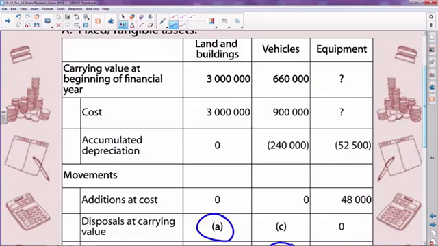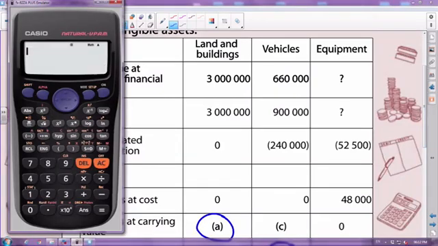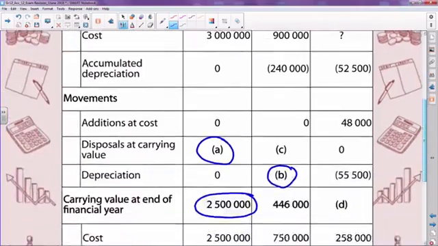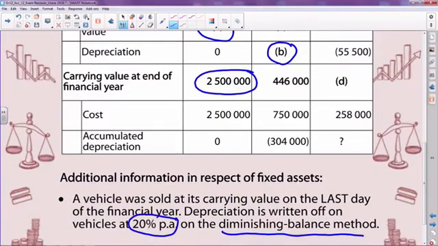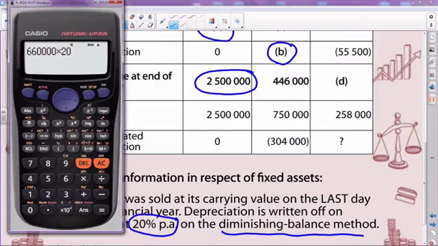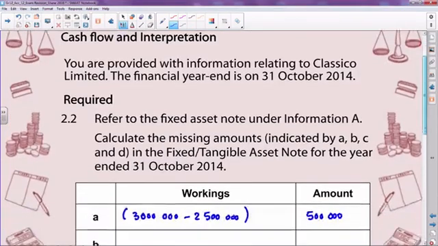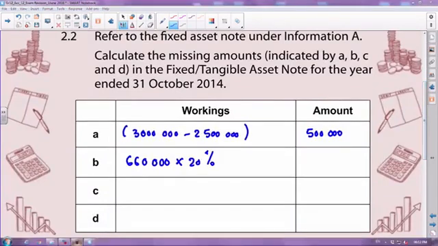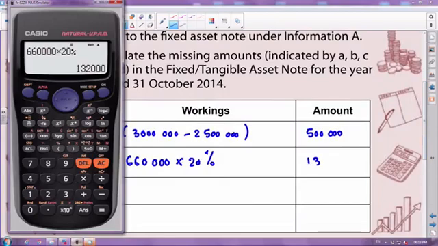So let's take our calculators and calculate 660,000 times my rate of depreciation, 20%, and that gives me a value of 132,000 rand. Okay, so you've got A and you've got B.